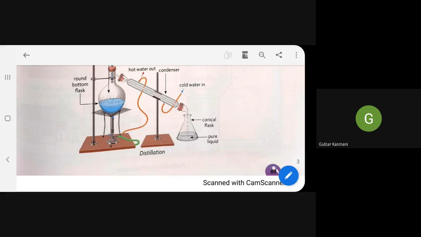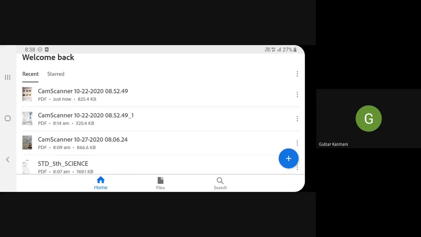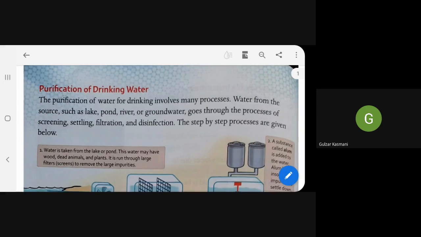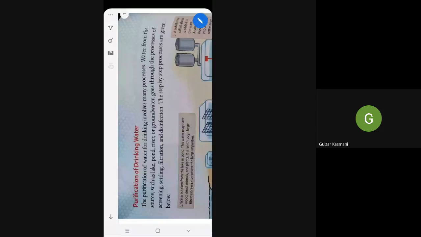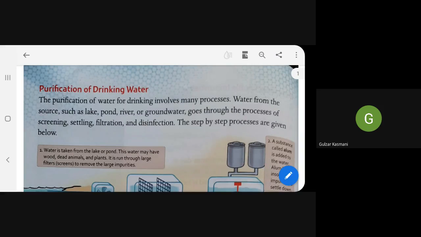Now let's go back and learn how water reaches our house. Okay, that municipality water comes to our house.